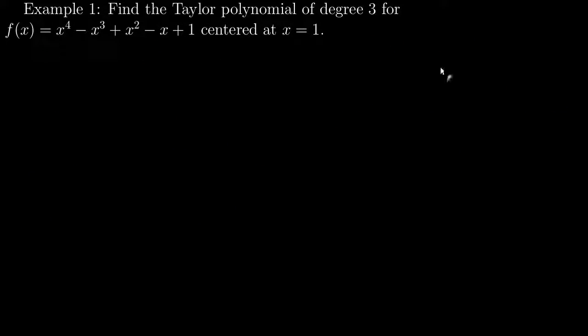Here's our first example. Find the Taylor polynomial of degree 3 for f of x equals x to the fourth minus x cubed plus x squared minus x plus 1, centered at x equals 1. So what I need is f of x, which is just this.